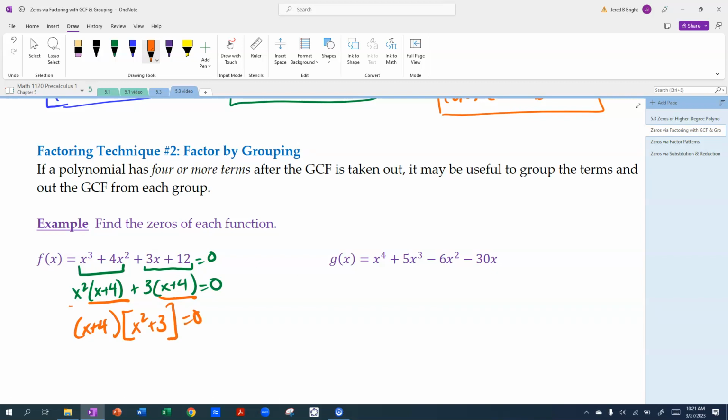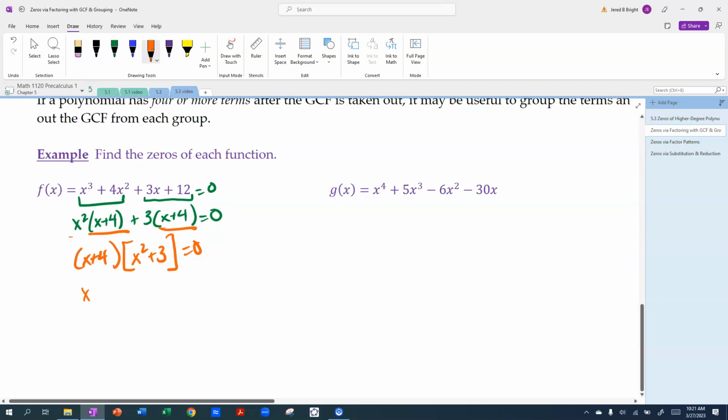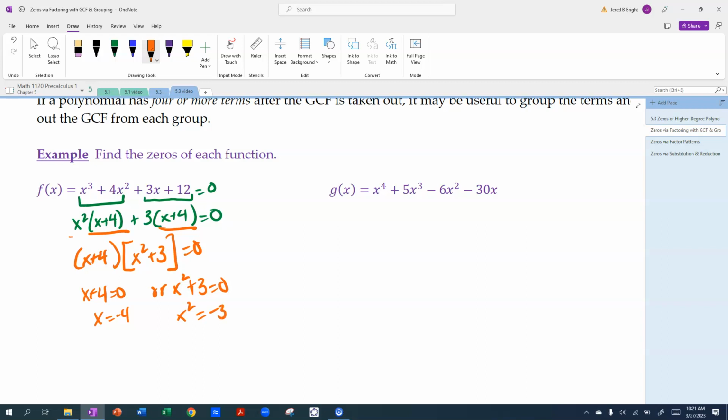Okay, and then I could solve this. x plus 4 is equal to 0, or x squared plus 3 is equal to 0. And here I get x is equal to negative 4, and here x squared would equal negative 3, which is not possible, so I'm just going to say no real solutions. Okay, so my only real zero is (negative 4, 0) in this case.